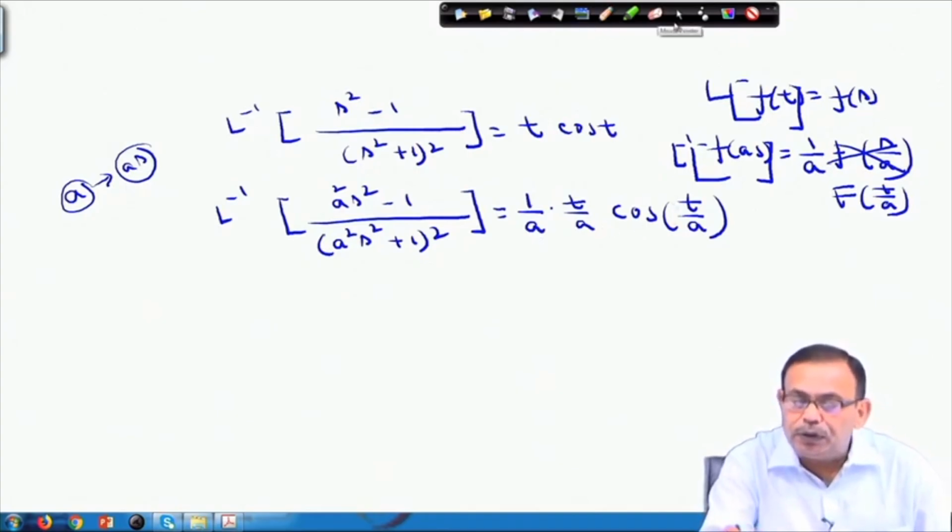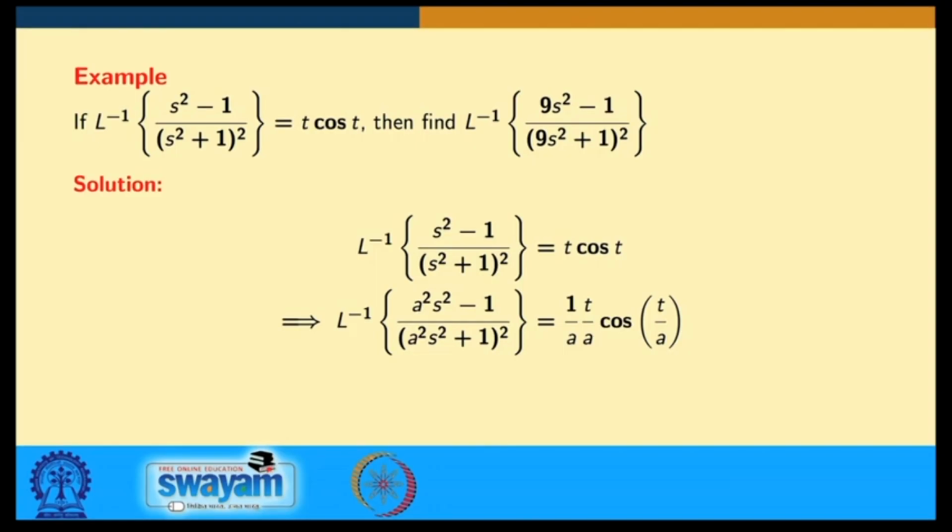If you see the example, in this example you have to find out the Laplace inverse of (9 s square minus 1) by (9 s square plus 1) whole square. So, 9 s square means I have to make a as 3, because if I make a as 3, then it will become 9 s square.